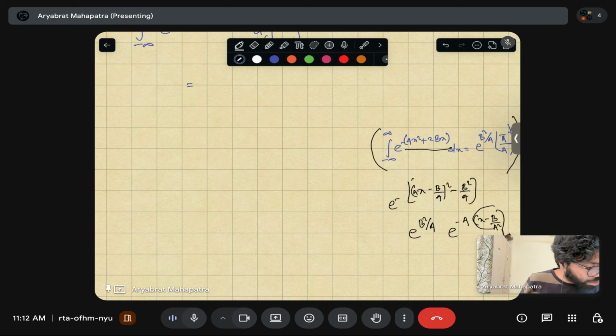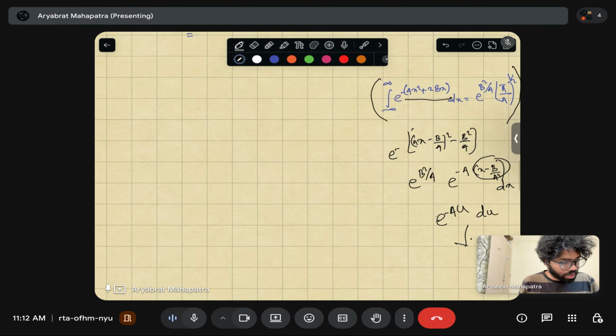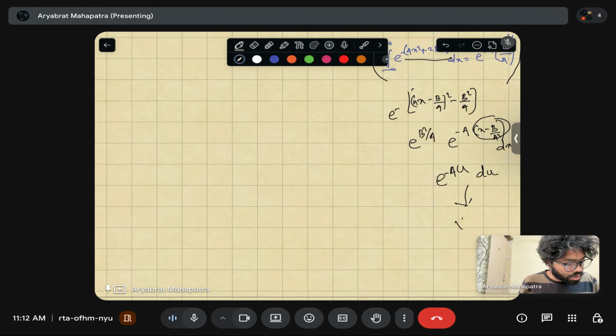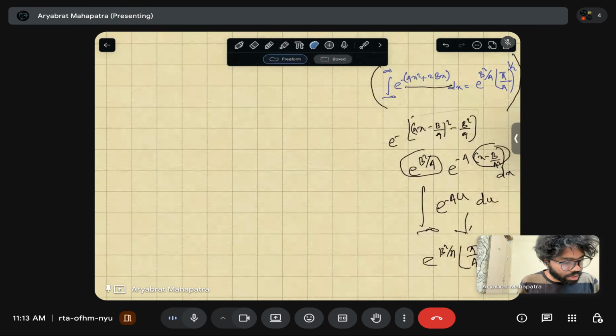You can just take this to be some variable u, so it would be something like minus a u squared du. Roughly speaking, this will again give you the integral from minus infinity to infinity, so root pi over a. So this will again give you pi over a, and then an overall factor is also there. So this can be checked in that way.